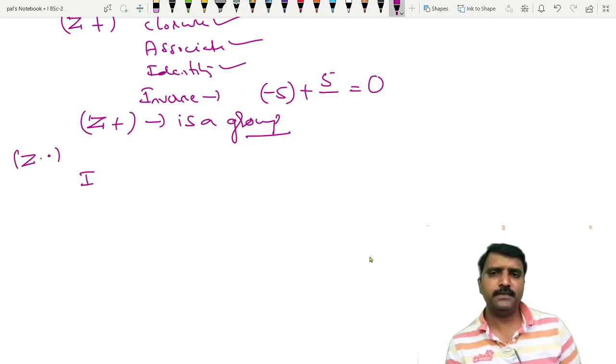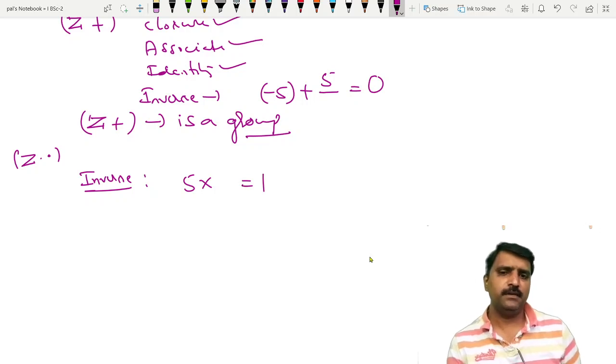ಇನ್ವರ್ಸ್ ಪ್ರಾಪರ್ಟಿ ಏನ್ ಹೇಳುತ್ತೆ ಅಂದ್ರೆ, you take an integer. ಇಂಟೀಜರ್ಗೆ ಒಂದು ಎಲಿಮೆಂಟ್ನ ಮಲ್ಟಿಪ್ಲೈ ಮಾಡಬೇಕು. ಮಲ್ಟಿಪ್ಲೈ ಮಾಡಿದ್ರೆ 1 ಬರುತ್ತೆ. ಐಡೆಂಟಿಟಿ 1 ಅಂದರೆ ಐಡೆಂಟಿಟಿ ಎಲಿಮೆಂಟ್ ಬರುತ್ತೆ. 5ಗೆ ಏನನ್ನು ಮಲ್ಟಿಪ್ಲೈ ಮಾಡಿದ್ರೆ 1 ಬರುತ್ತೆ. 5ಗೆ 1/5 ಮಲ್ಟಿಪ್ಲೈ ಮಾಡಿದ್ರೆ 1 ಬರುತ್ತೆ. ಬಟ್ 1/5 is not an integer.